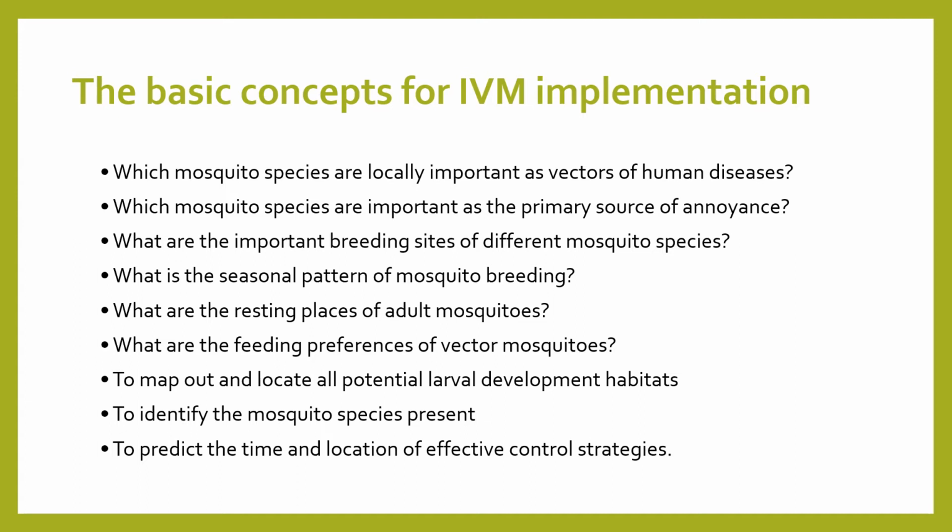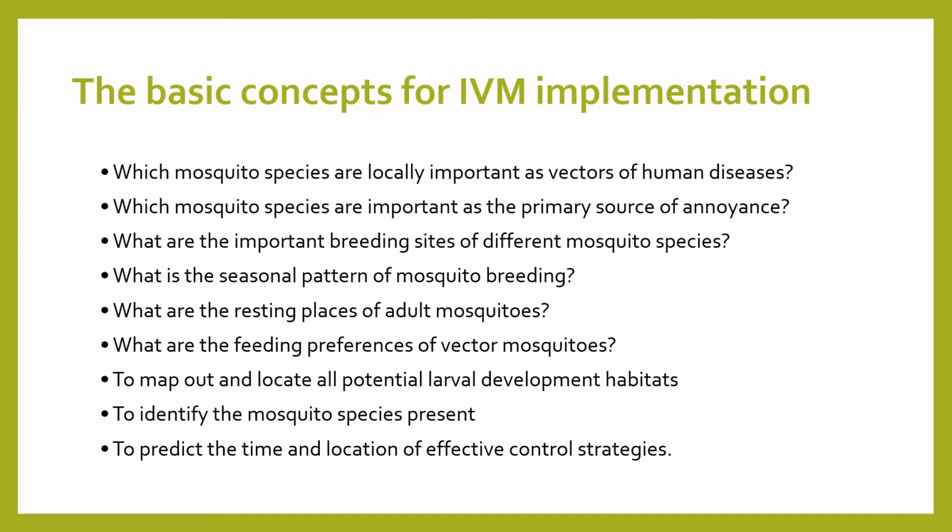The next concept is which mosquito species are important as the primary source of nuisance. Then, what are the important breeding sites of different mosquito species, which we have seen in medical entomology part 1. Then, what is the seasonal pattern of mosquito breeding? Again we have seen this. Then, what are the resting places of adult mosquitoes?